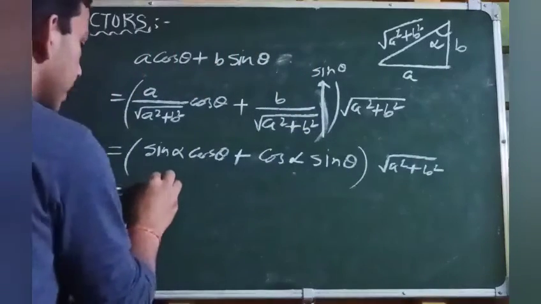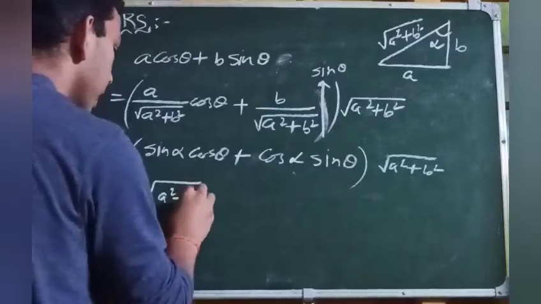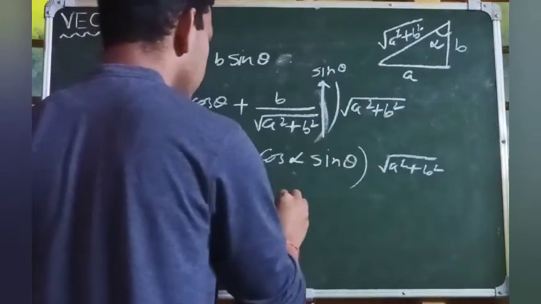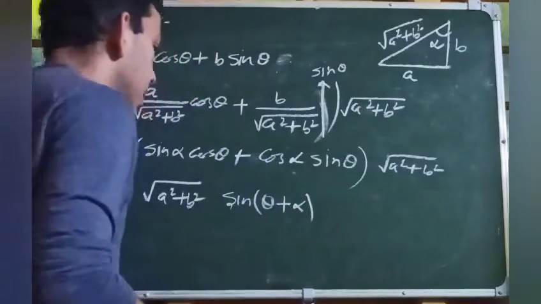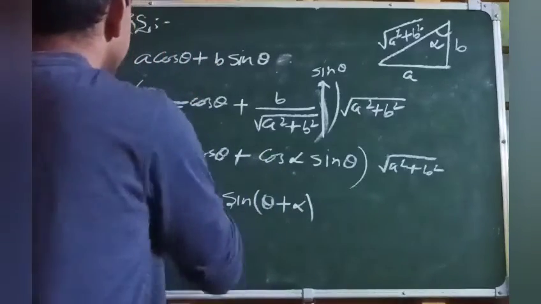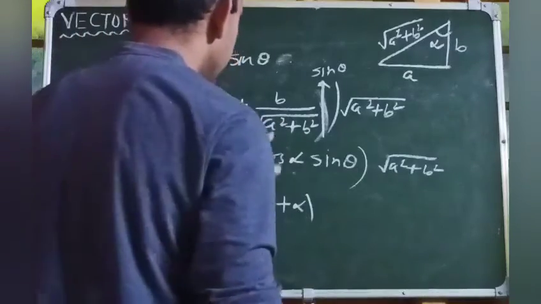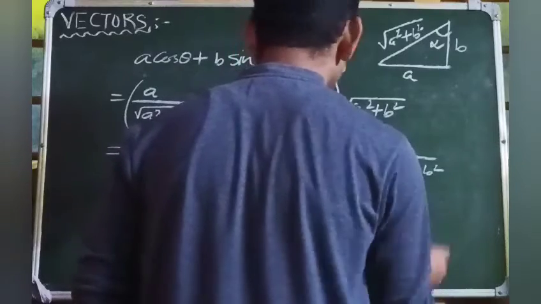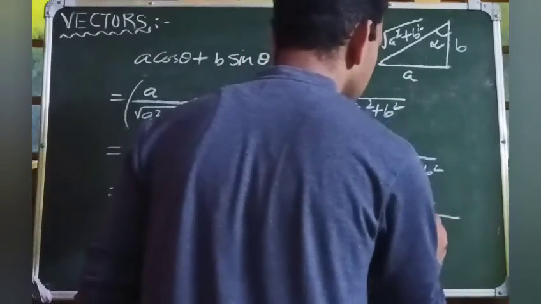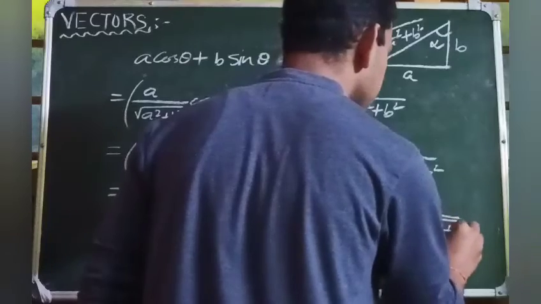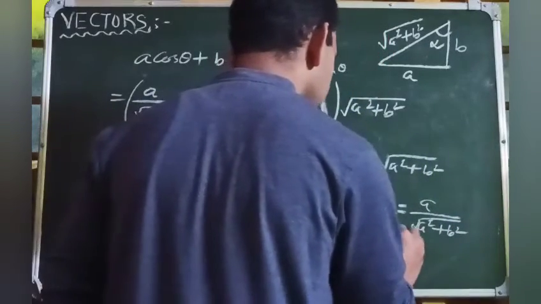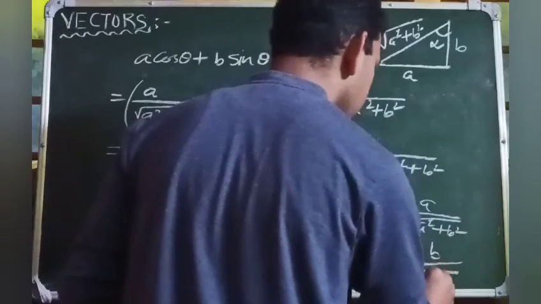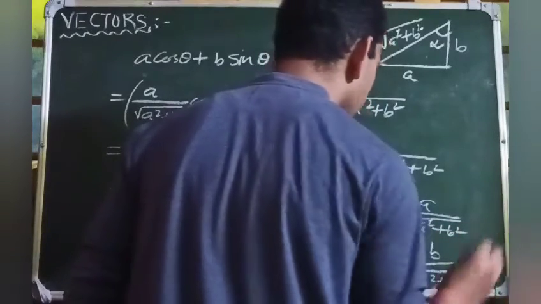Now here you can see we are getting root under a square plus b square sin of theta plus alpha, where sin alpha is a upon root under a square plus b square, and cos alpha is b upon root under a square plus b square.